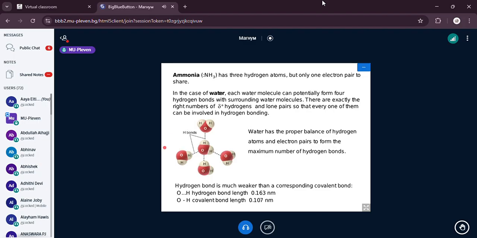This is the picture of formation of 4 hydrogen bonds by one water molecule with other water molecules.